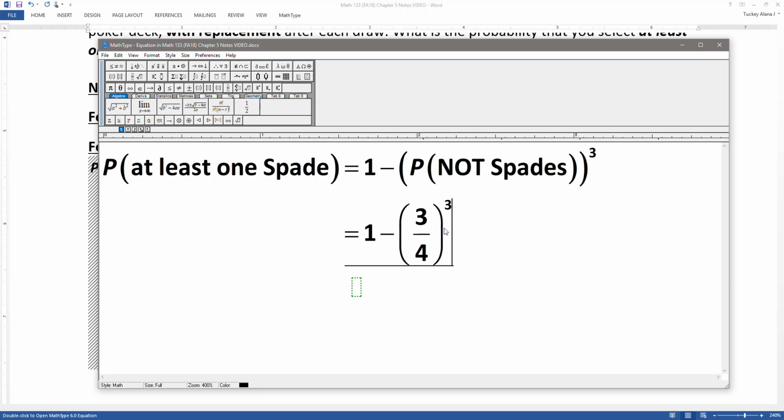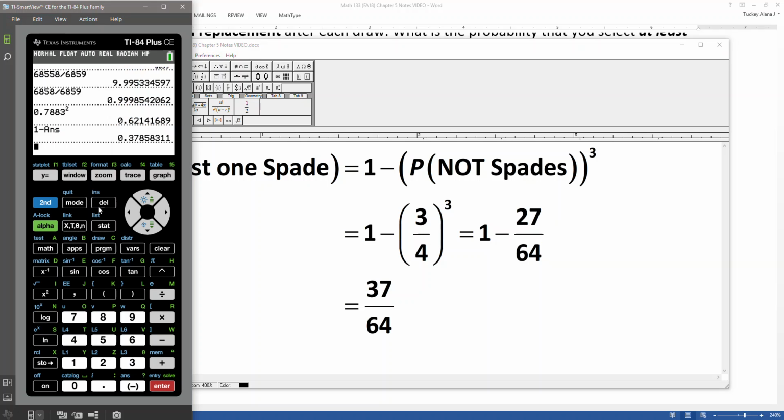And then we just raise it to the 3rd power to get the 3 cards that we're talking about. Oh, well, that would be 1 minus 27, because 3 to the 3rd is 27, and then 4 to the 3rd is 64. So that'd be 1 minus 27 over 64, which would be 37 over 64.